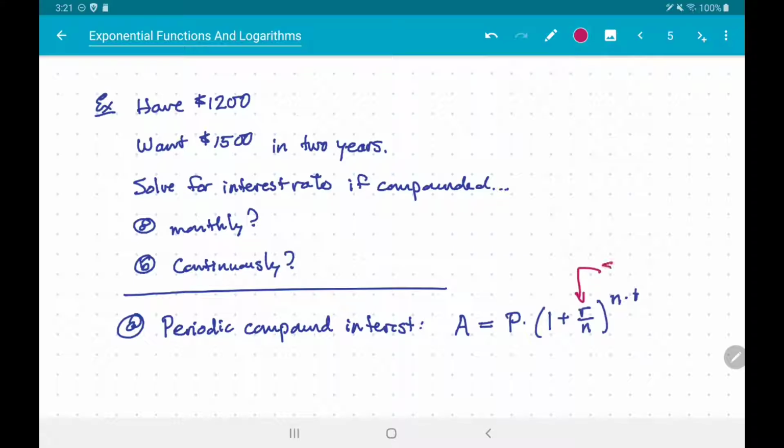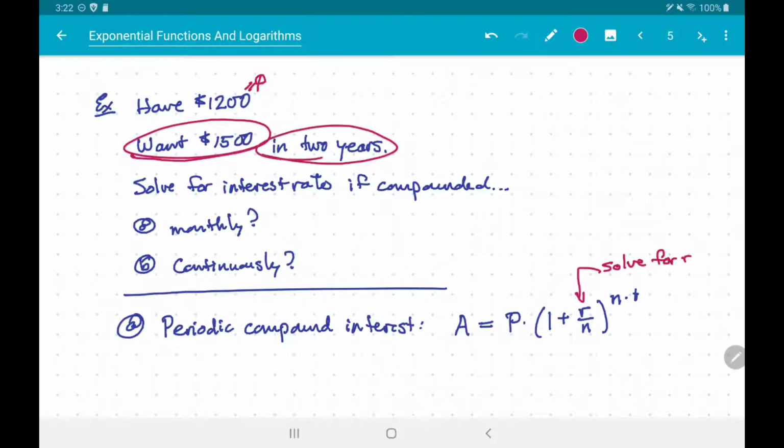That's R. What does it mean that we have $1,200 to invest? That's P. What about we want $1,500 in 2 years?